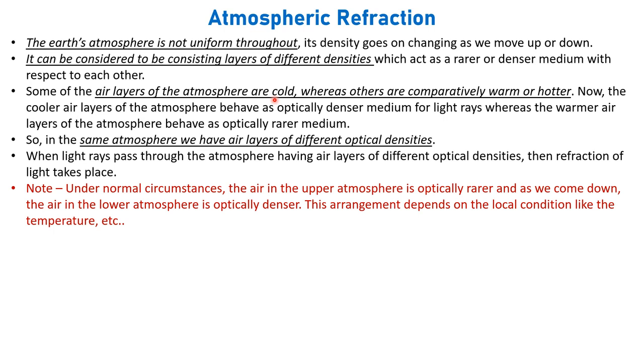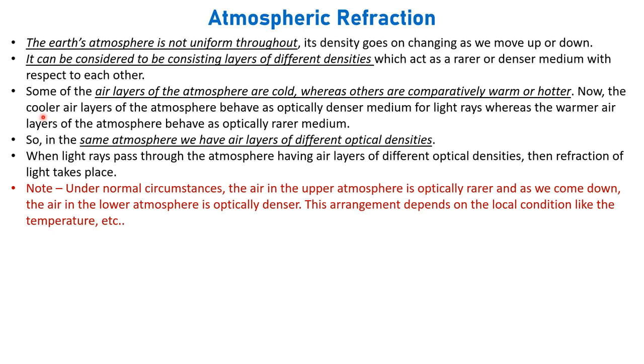What about the density of the air layer which is cold? Definitely the density of the cold air layer is more, right? And what about the density of the air layer which is hot? Definitely it will be less dense as compared to the air layer made up of cold gases, right?